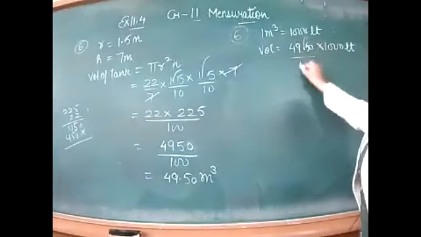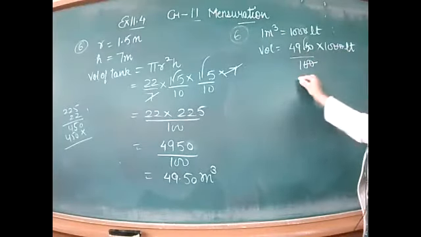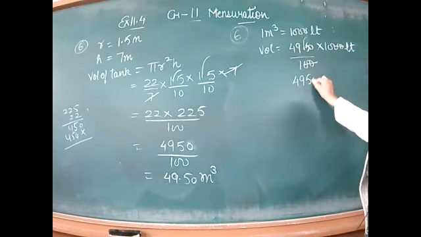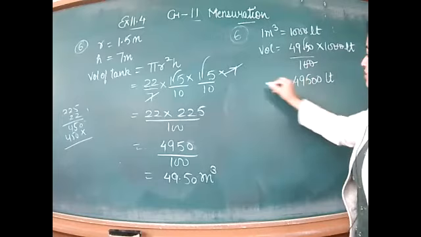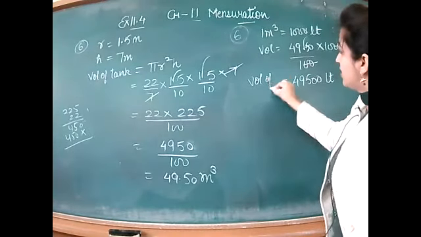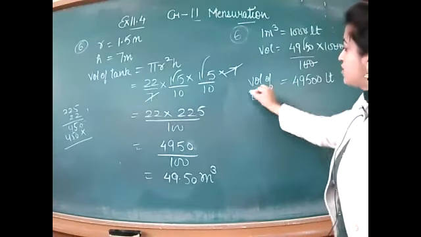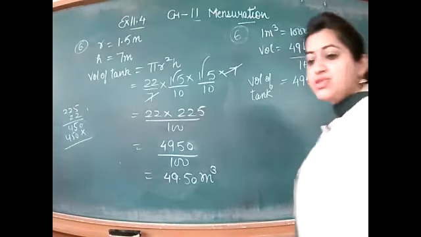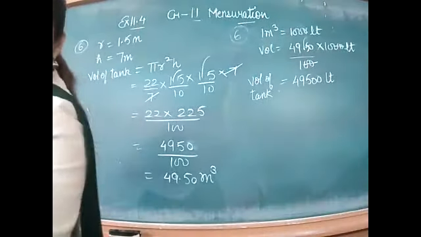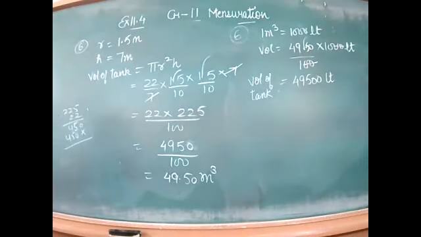Remove the decimal, 100 will cancel out, 4950 with one more zero, that will be in liters. So the volume of the tank, or you can say the capacity of the tank, is this. Actually, nothing difficult is there. You have to just find the volume, then convert the volume into liters.